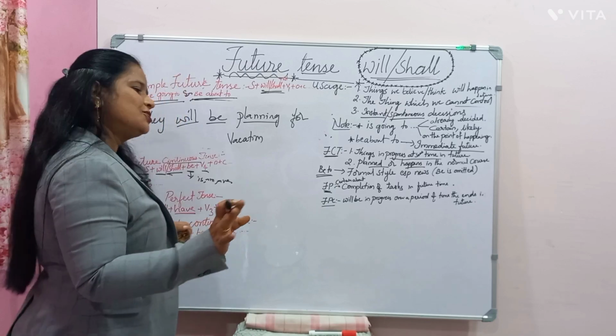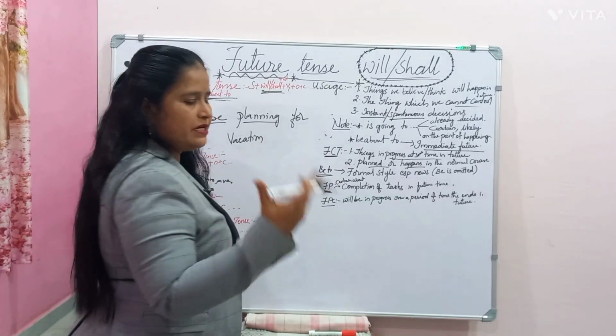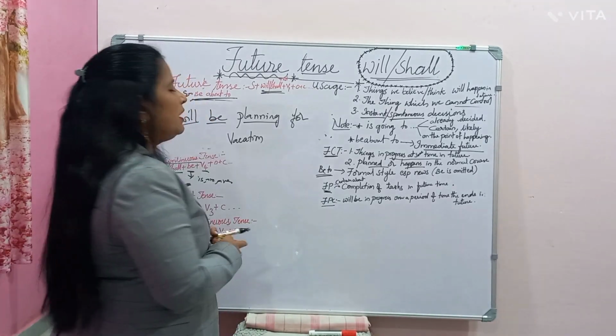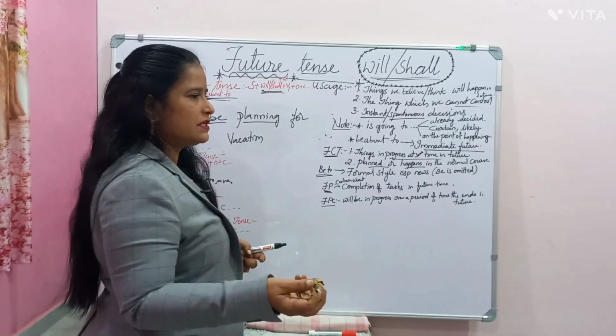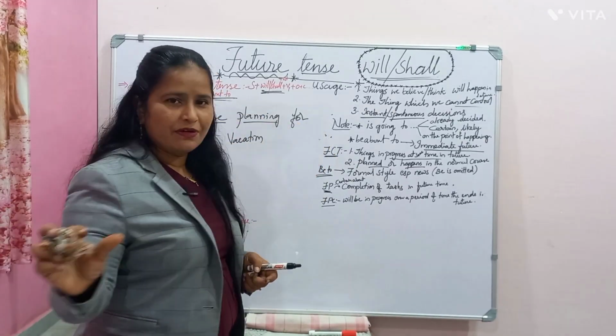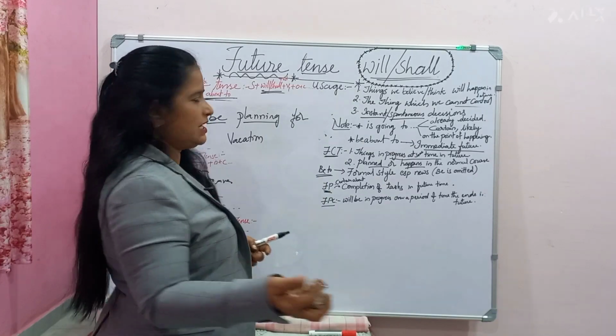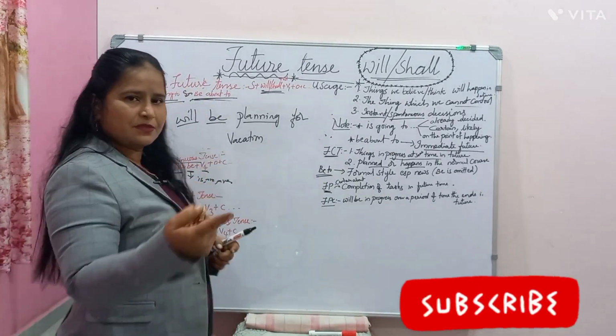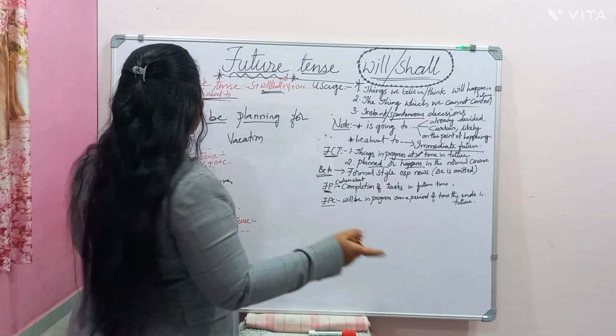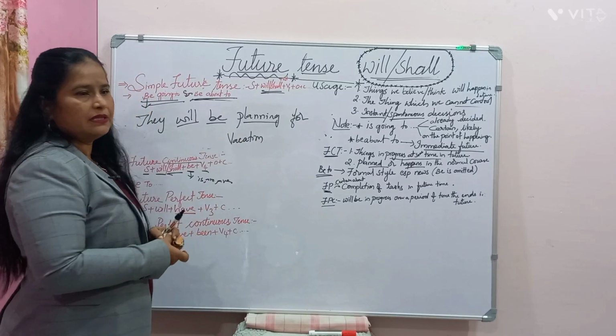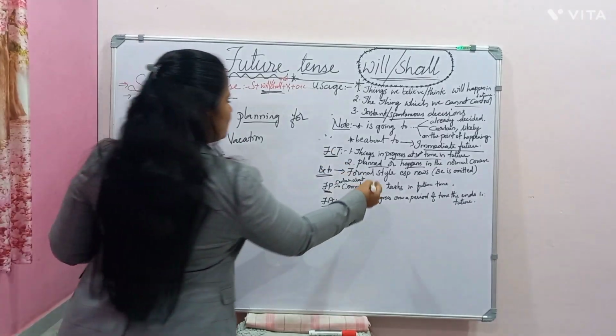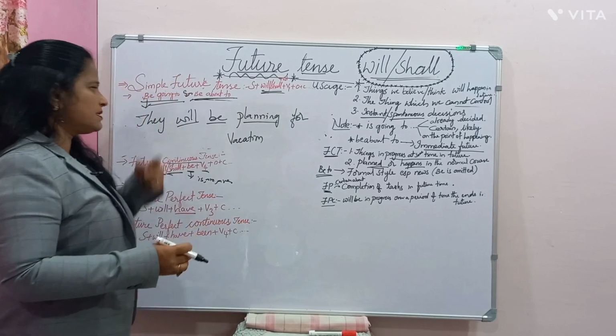This is a holiday time, generally December, and for the software people and for the majority of the working people, December, all the saved leaves, they use it at this time. So these Christmas holidays will be fetching them. They will be planning, so certain things which they have planned. This is something they will be planning for the vacation.